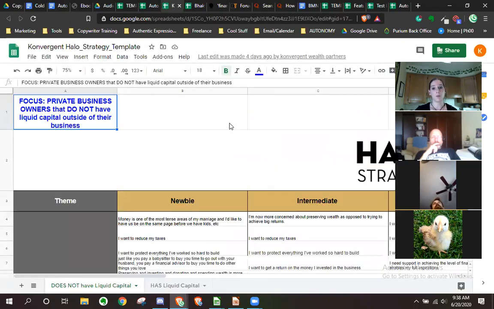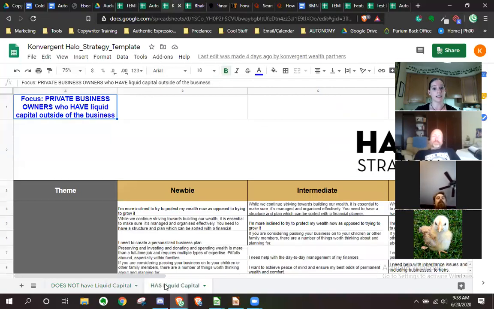For Convergent Wealth, this is the wealth management one that I was just talking about that I just worked on. This one got really extensive because we have two different tabs, because we had two really big audiences for this area of wealth management. It was private business owners that don't have any capital outside of their business, so all of their money is wrapped up in their business. And then an entire other audience that does have liquid capital outside their business.